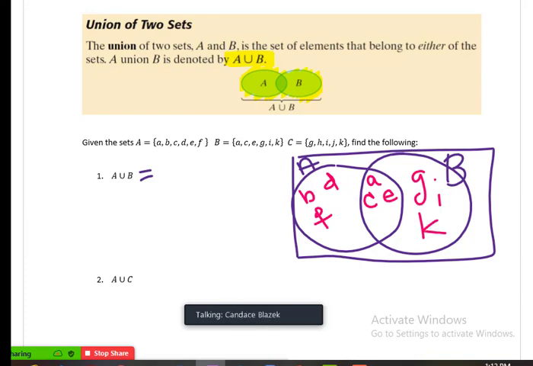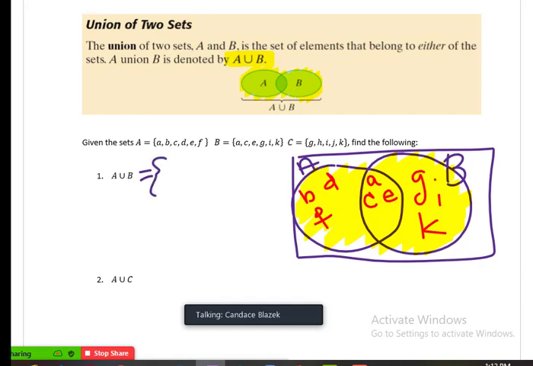So for the sets, what I will do is I will write everything there is in that shaded area. It's just putting all of those elements into one set. Now, where there would be a repeated element between set A and set B, we only write it once.